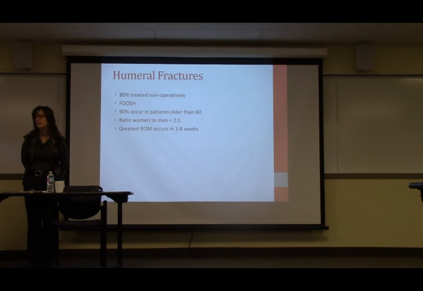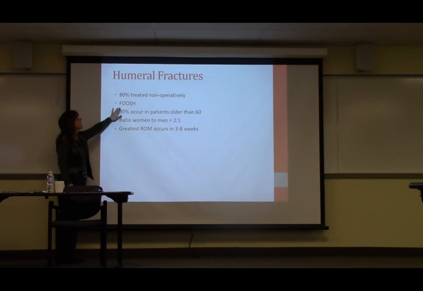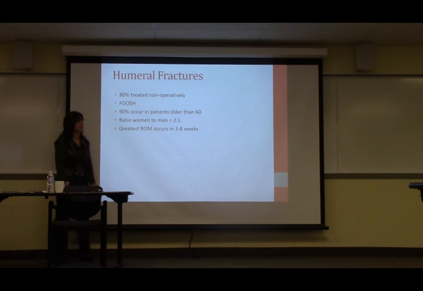Wrist extensors, that's a quickie, right? Supination, elbow extension, right? MP extension, because it's the EDC, right? Thumb extension. But these are very common with that FOOSH, fall on an outstretched hand. And many times these are treated non-operatively, just conservatively, right?